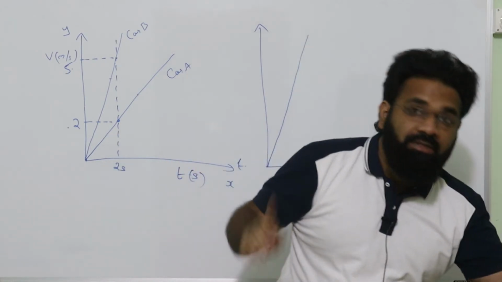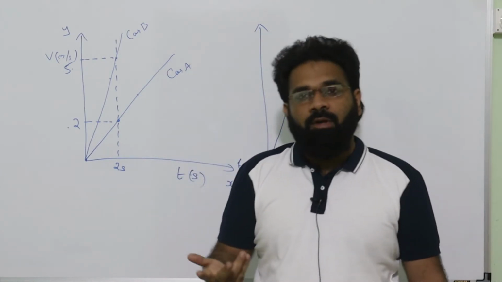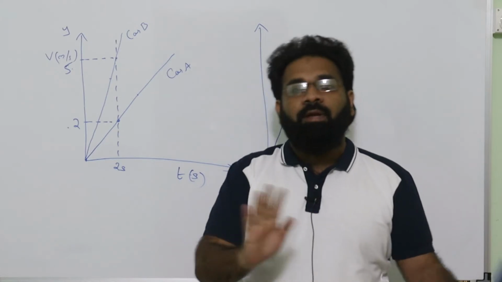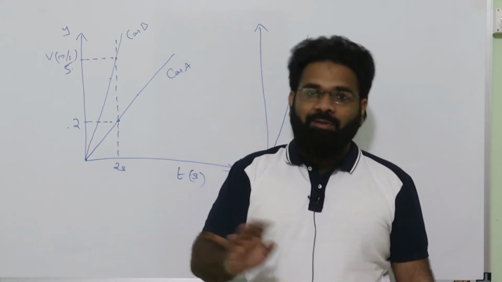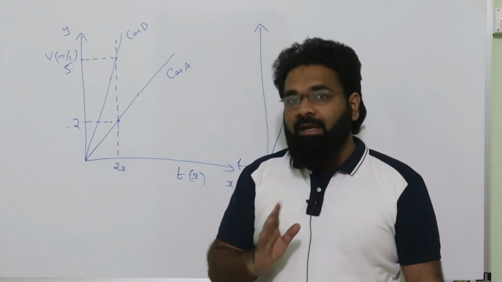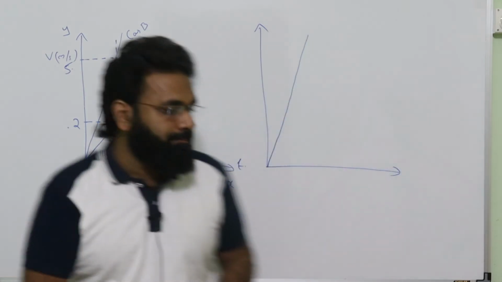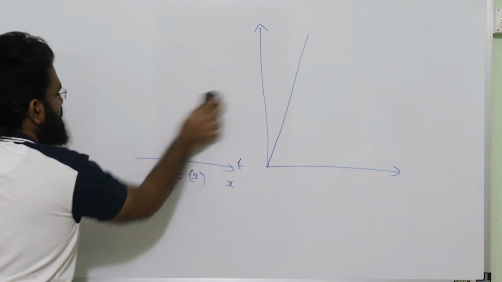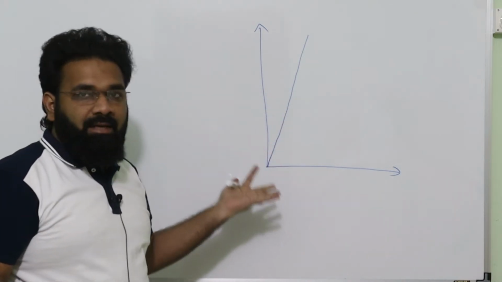This is the importance of slope. Otherwise you will ask me, sir, why are we studying slope? What is the advantage? Generally the answer would be that we study slope for getting marks. It is not like that. Marks will come, but the real need for studying slope is this kind of analysis. Clear? So this is a constant slope. Things are easy.